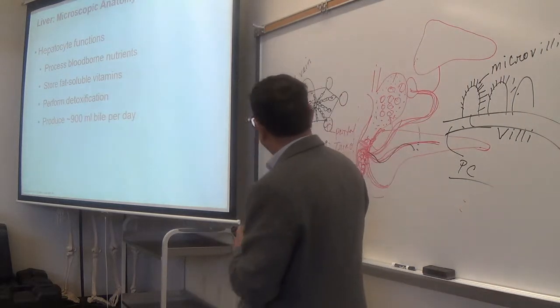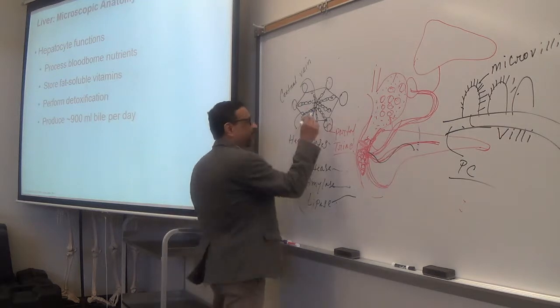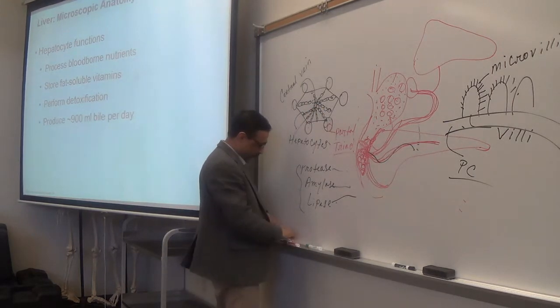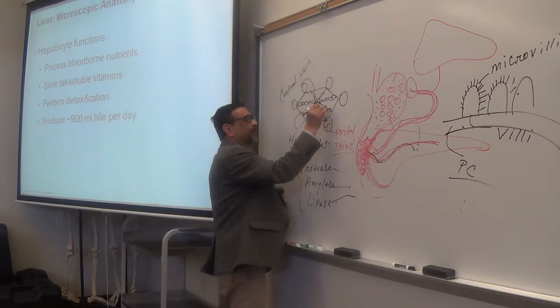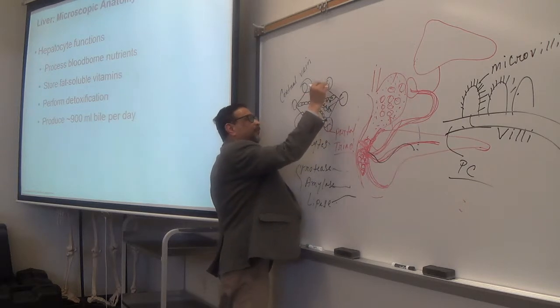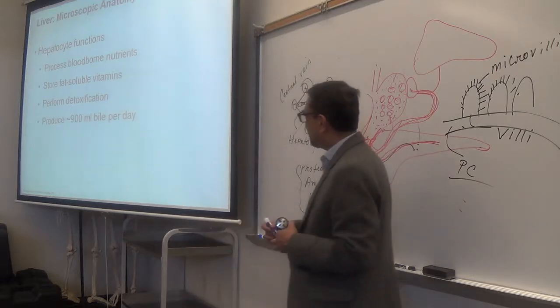So hepatocytes secrete bile, and then the bile enters into the duct. So it is like this. These are hepatocytes, and you have tiny canaliculus. So secretion enters into the canaliculi and then goes to the portal tracts, the bile duct.